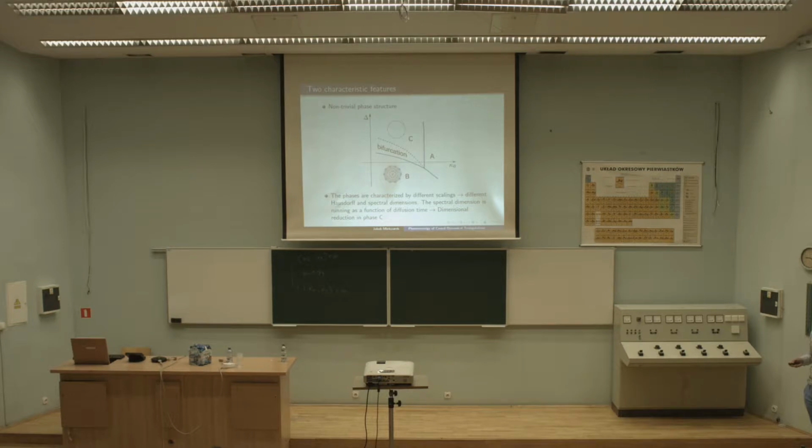Another feature: you can characterize those phases by different quantities, and one of them is scaling, which is related in particular to the different dimensions that characterize the different phases. Especially I want to focus on one particular observable which has been studied for quite a long time, the spectral dimension characterizing the phases.